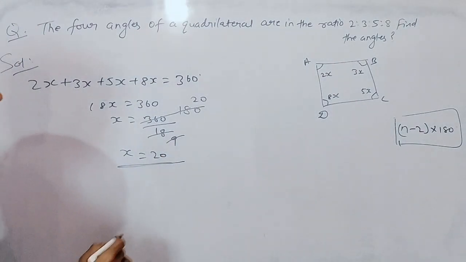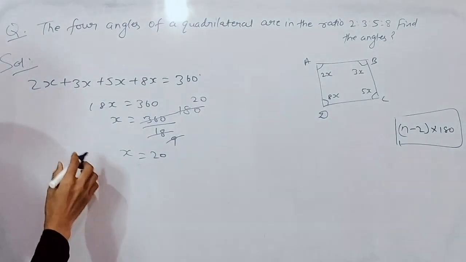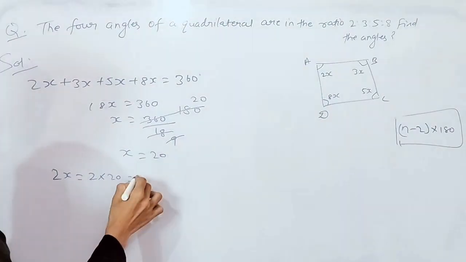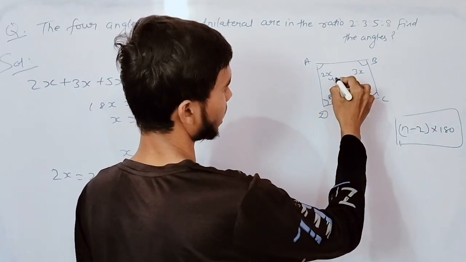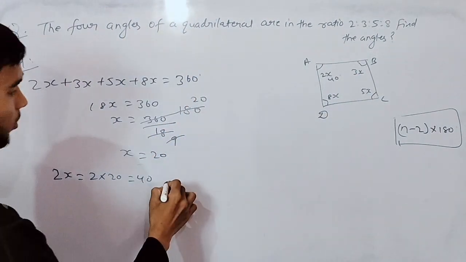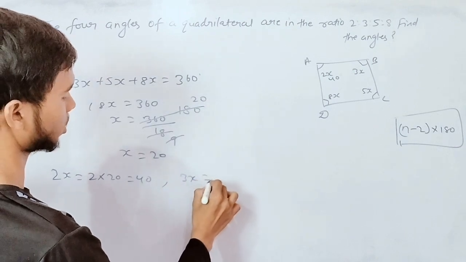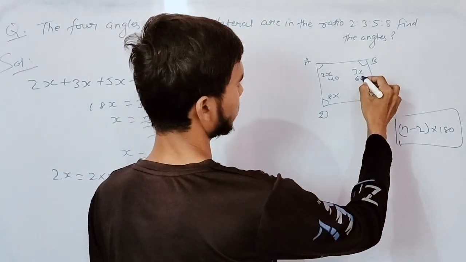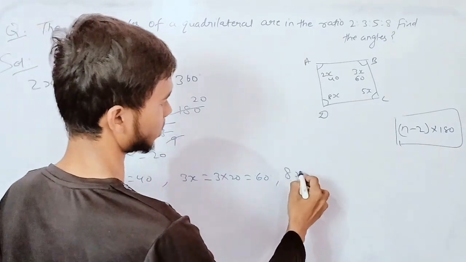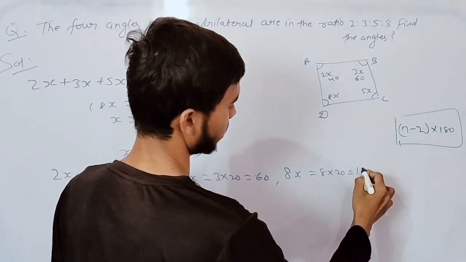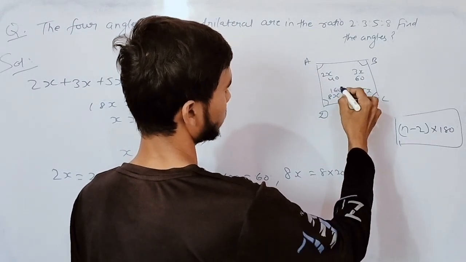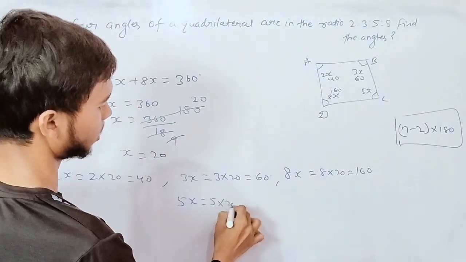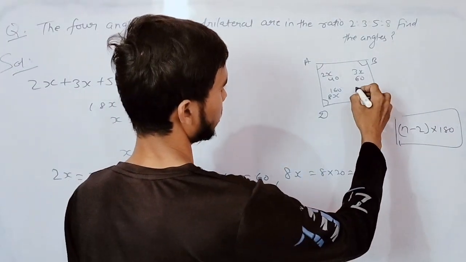This is not the exact angle. Here 2x is how much? 2 times 20, this is 40. This angle is 40. Now 3x, 3 times 20, 60. Now 8x, 8 times 20, 160. Next 5x is 5 times 20, this is 100.